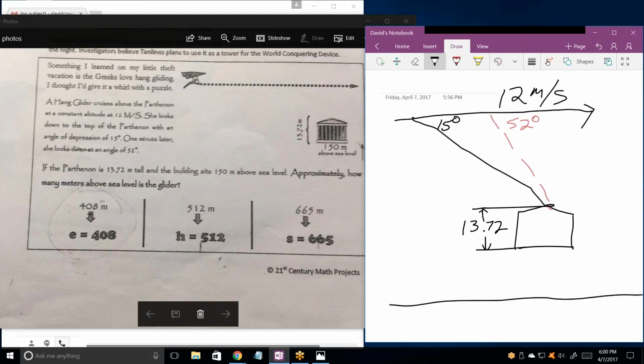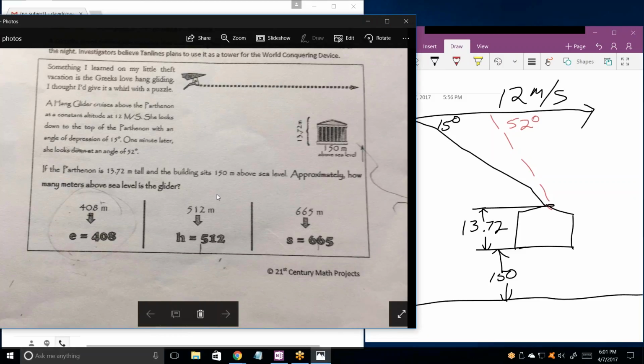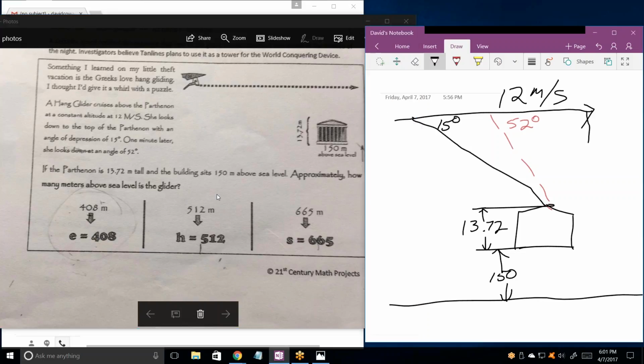Oh man, so this is 150. I'm assuming they mean the bottom of the building. Approximately how many meters above sea level is the glider? So they want this distance. Well, that doesn't even make it. No, I guess that does make sense. We'll call that y, because it's a vertical distance.